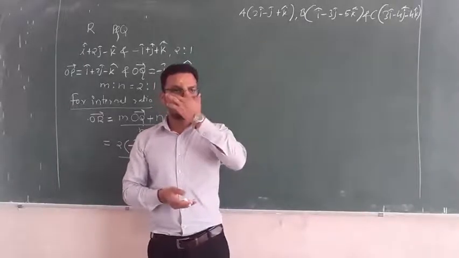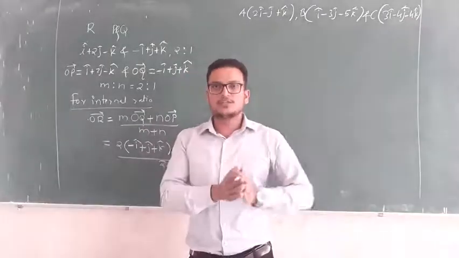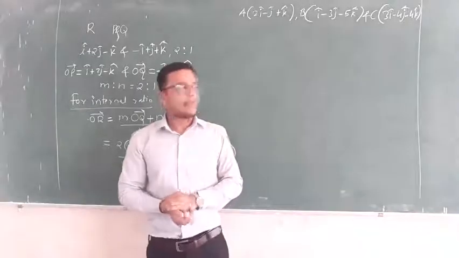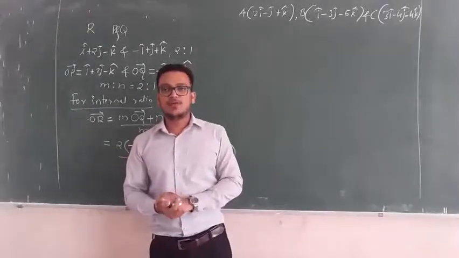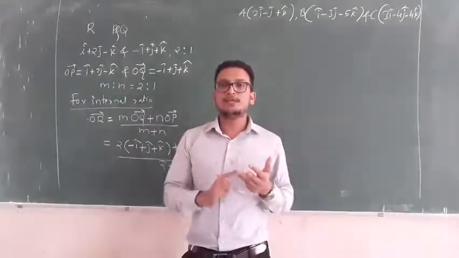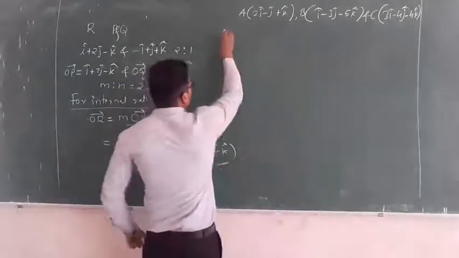If that condition is satisfied, then we can say that the given points or the given vertices form a right angle triangle. But this is with respect to algebra, but the same condition you have to verify. So for that you must have AB, BC and AC. So let us find first.